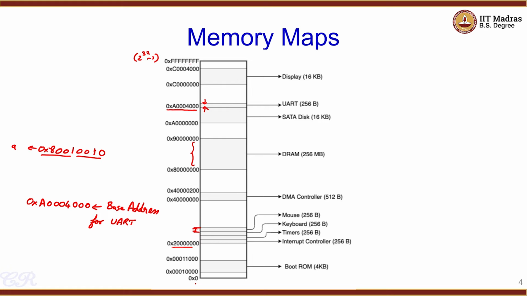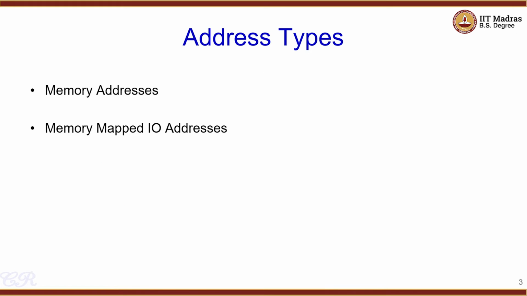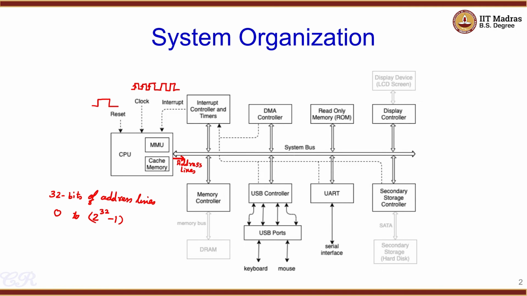So if any address is put by the CPU on the address lines that falls within the range, it essentially enables the UART to be active, and the UART is expected to communicate back to the CPU, right.